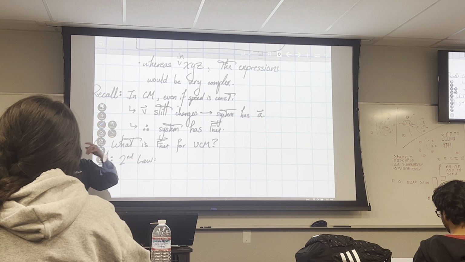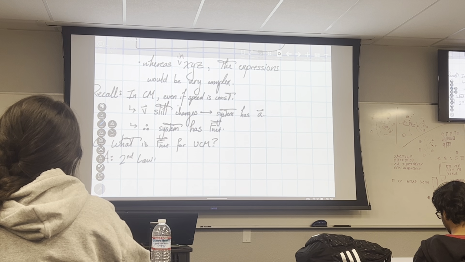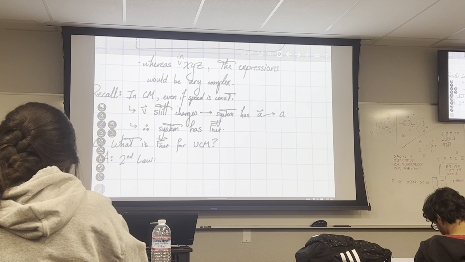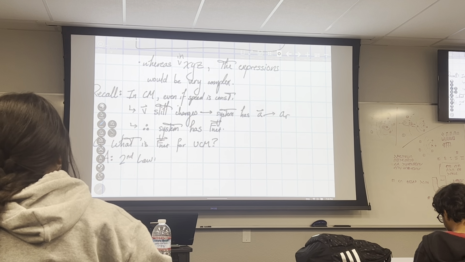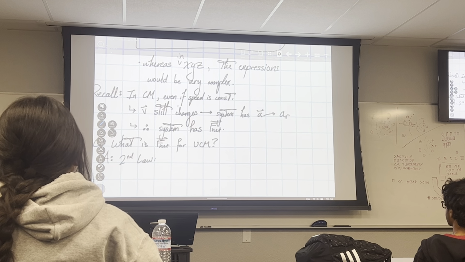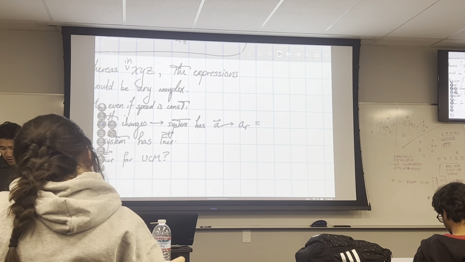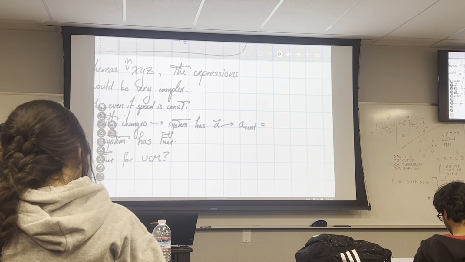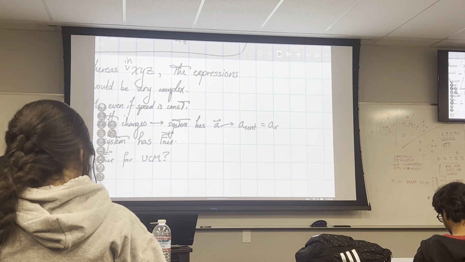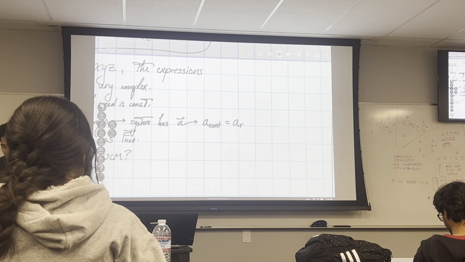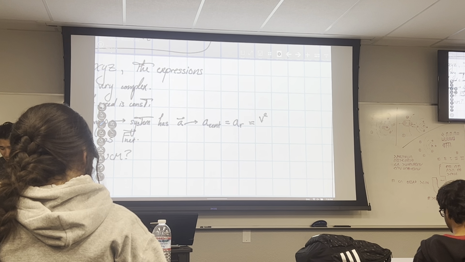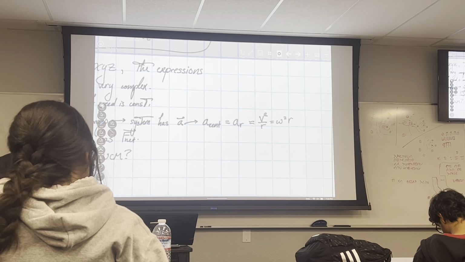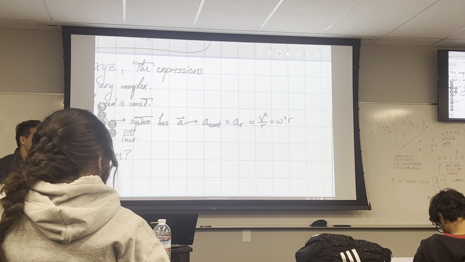So the system has acceleration, and we discussed in the circular motion section that this is in the radial direction, AR. We discussed that it was centripetal acceleration, which I also noted was the acceleration in the radial direction. This was v squared over r, or omega squared r. All right, is this ringing a bell?